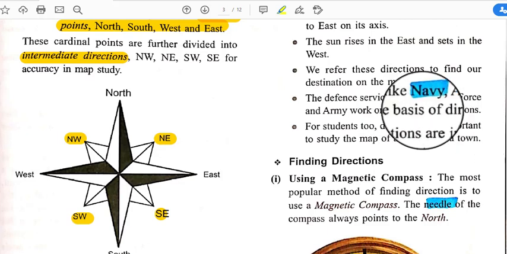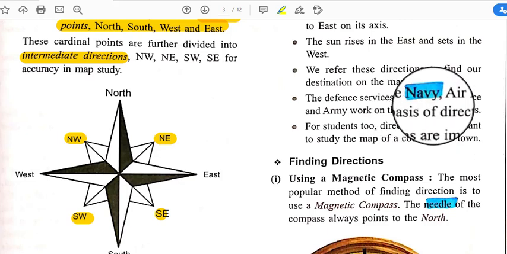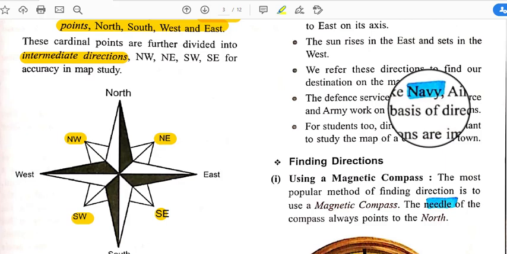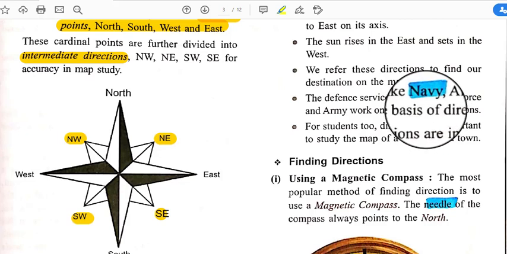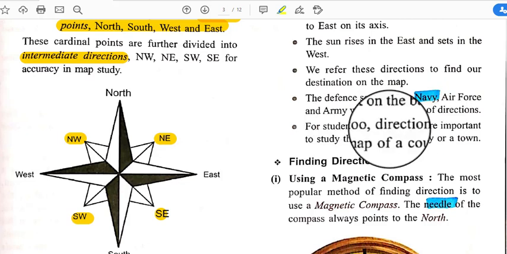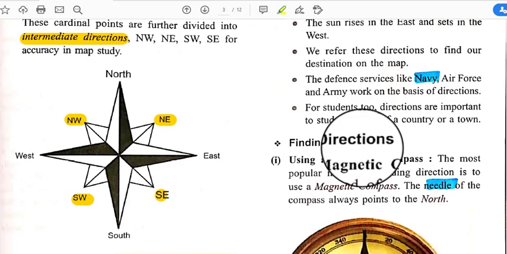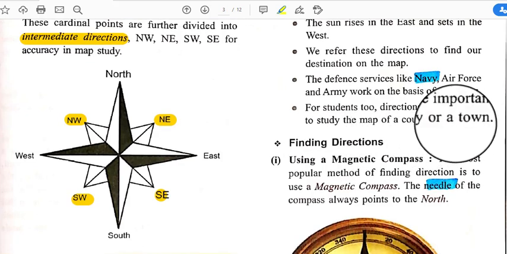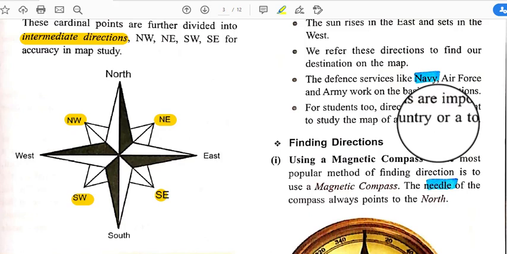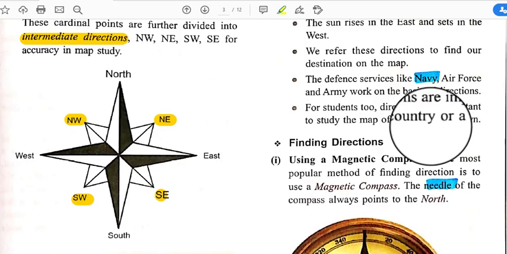The Navy, that means the ships, also travel from one place to another with the help of a magnetic compass, with proper direction. For students too, directions are important to study the map of a country or a town.